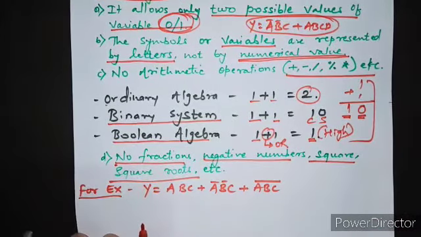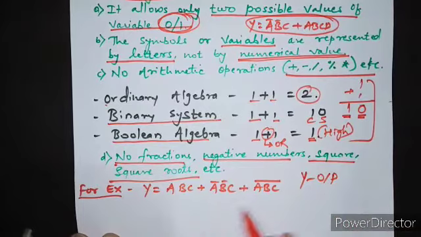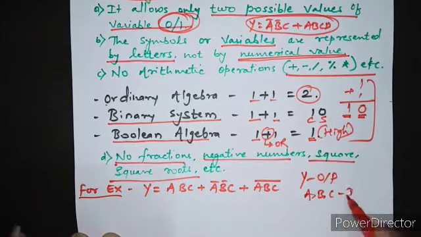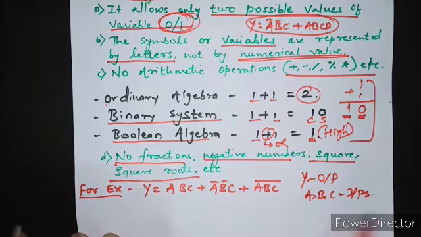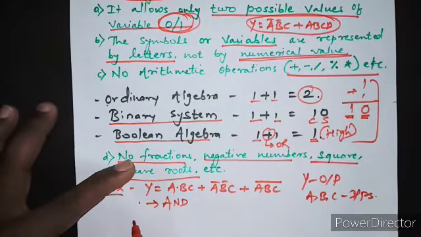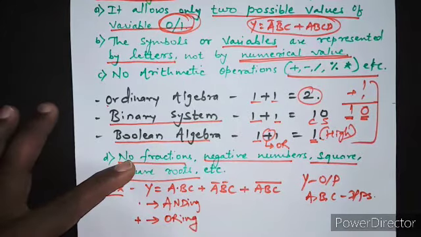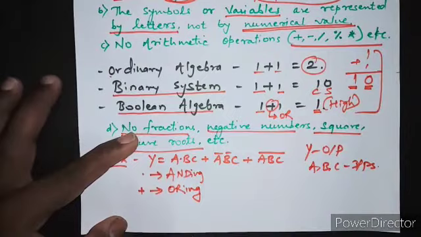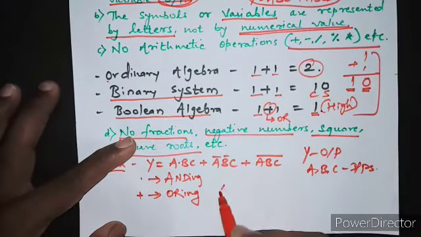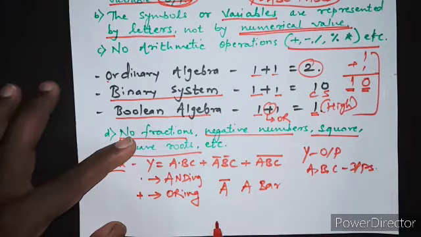Now just consider this equation. As we have said, equations are in terms of alphabets. So this Y means output and A, B, C mean inputs. This dot means AND operation, and plus refers to OR operation. We have something called A bar, or A inverse.